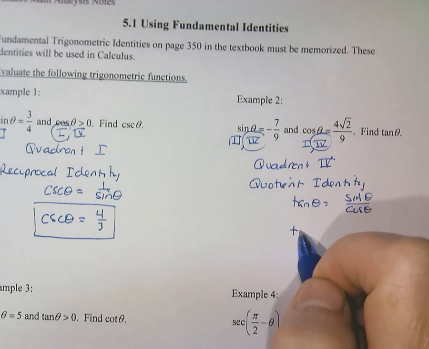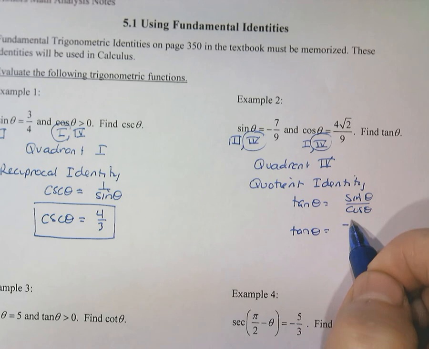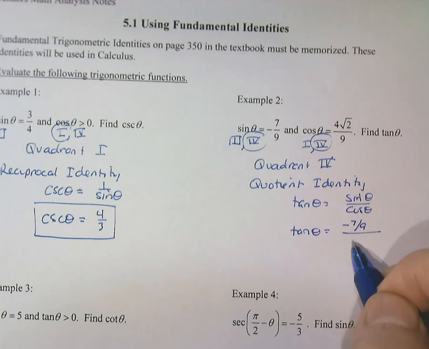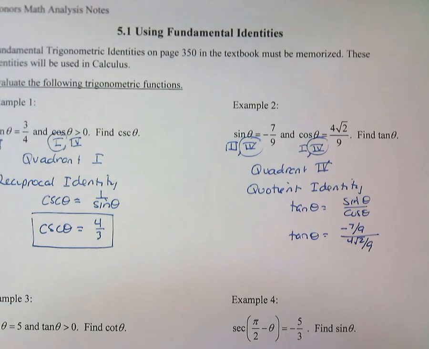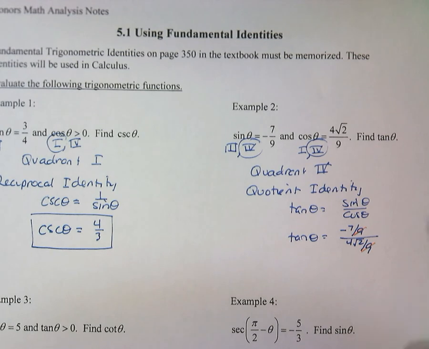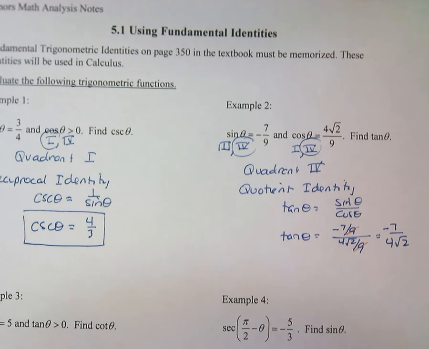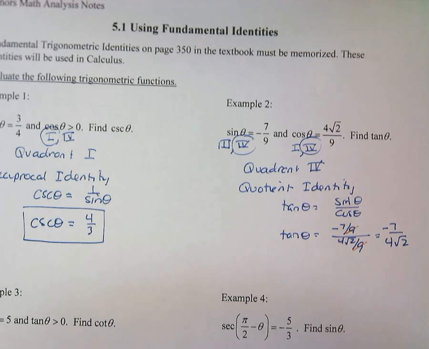So tangent theta is equal to -7/9 divided by 4 square root of 2 over 9. You've been doing these long enough now, fractions, the 9s are going to cancel out. So I get -7 over 4 square root of 2. Rationalize the denominator.